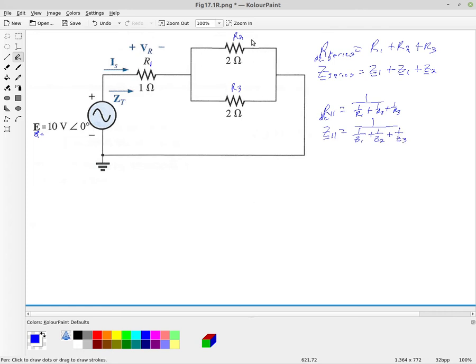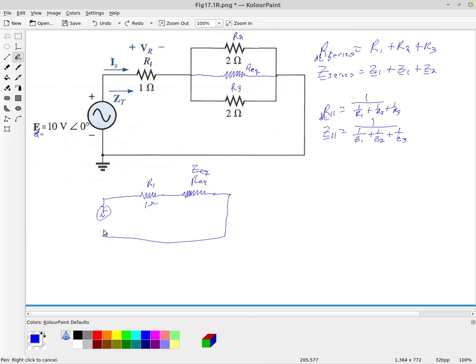Okay, but so we can come over here and we can simplify this by putting in an equivalent resistance here, which will give us our new circuit, where we would have R1, which was 1 ohm, and then we're going to have this equivalent resistance, and that equivalent resistance would actually be an impedance equivalent for these parallel resistors.